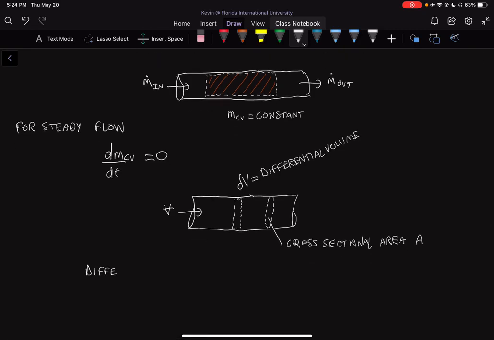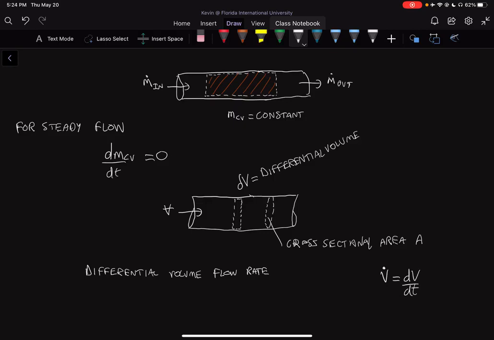What is the differential volume flow in this system? So essentially, what is the volume flow for this little piece of differential volume that we have? And differential volume flow is just a volume flow rate. And volume flow rate can be written as V dot is equal to dV over dt.